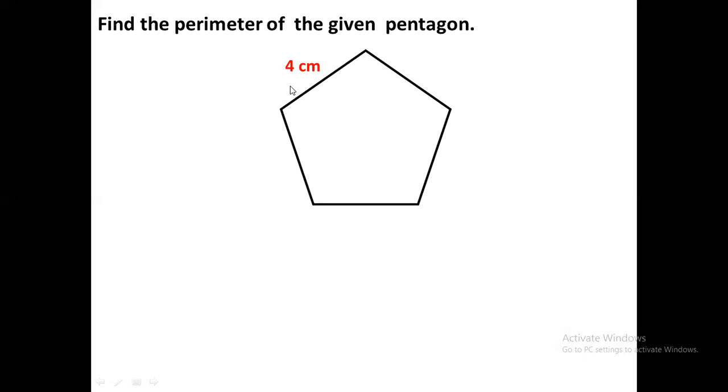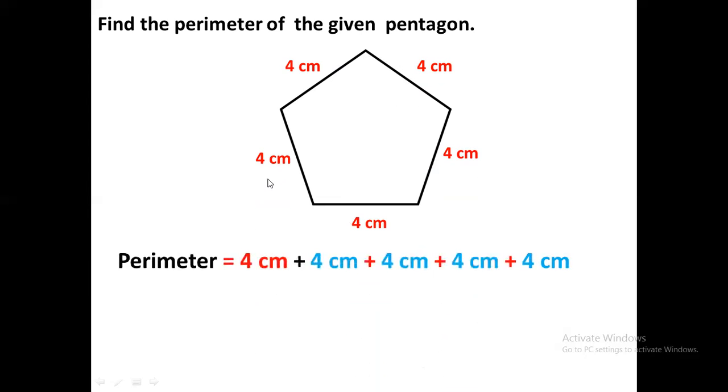So if one side is 4 centimeter, then definitely all sides will be 4 centimeter. So to find out the perimeter of this pentagon, we have to add all these 4s. So perimeter will be equal to 4 plus 4 plus 4 plus 4 plus 4. And that means 20 centimeter. Well done. Excellent.